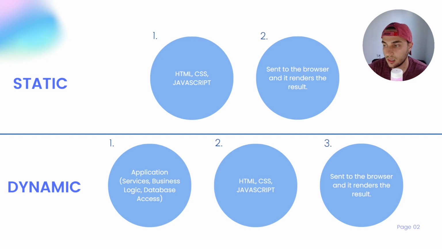There is no more work on the server side, and also there is no application running whatsoever. So as you can see, there are just two steps: uploading the HTML, CSS, and JavaScript that you can see in here. And then basically these are stored in a place which is called a web server. And when you make a request to that specific place, then it is going to return these files to the browser. So the browser is going to be able to render them accordingly.